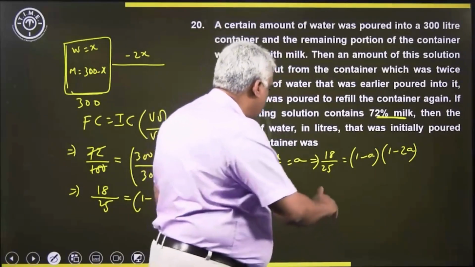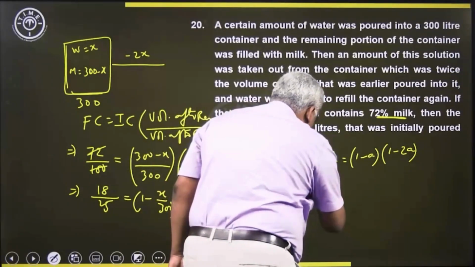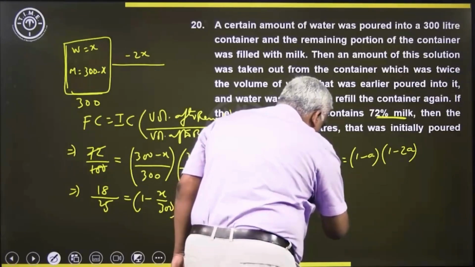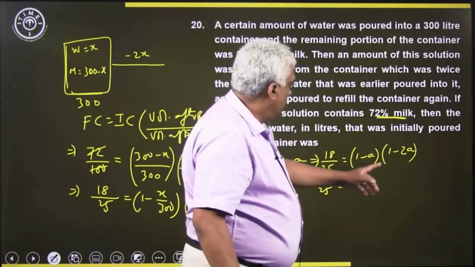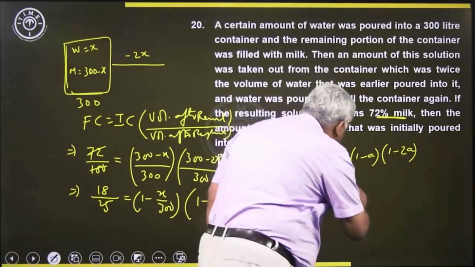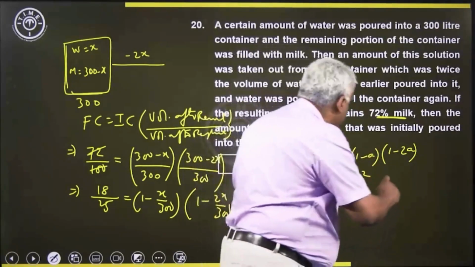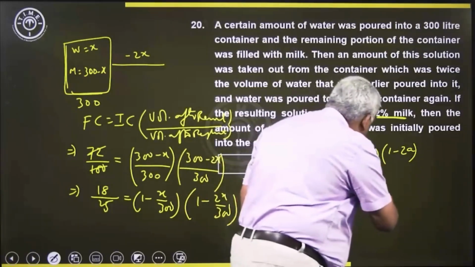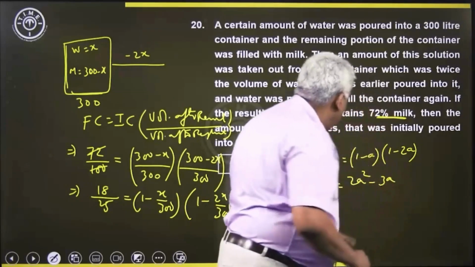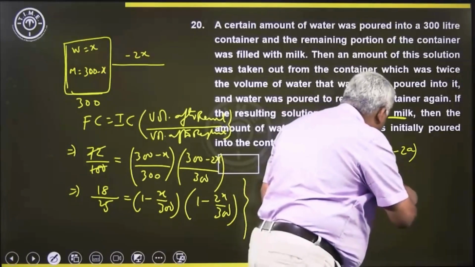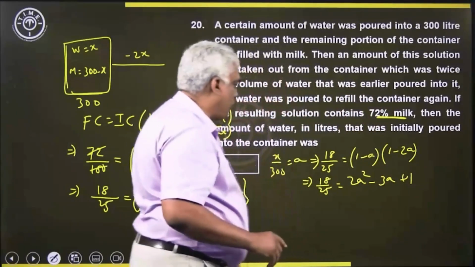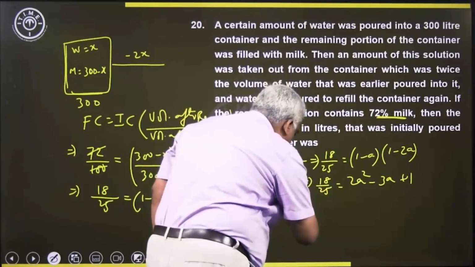Now, let us open the bracket. So, 18 by 25 equals minus 2a into minus a, which is 2a square, then minus 2a and then minus a, minus 3a, and then 1 into 1 is plus 1. Let us cross multiply and multiply both sides by 25.